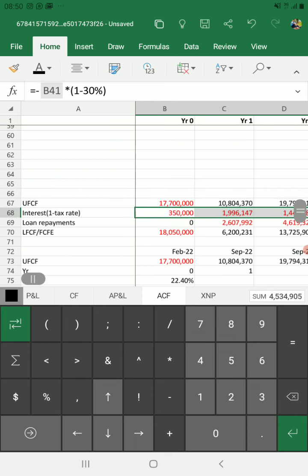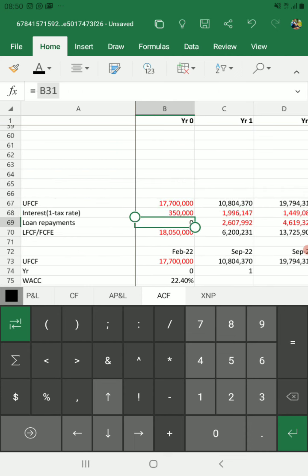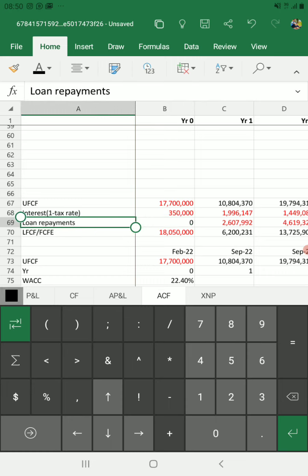Okay, and then loan repayments, that's okay. But before loan repayments, we also need to take into consideration the loan disbursed.